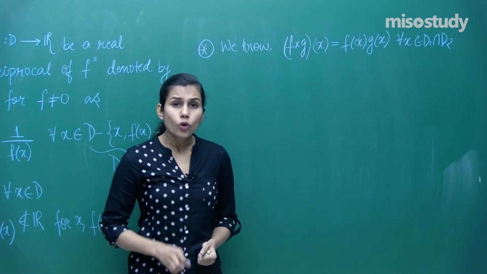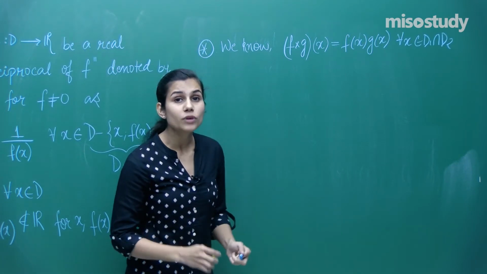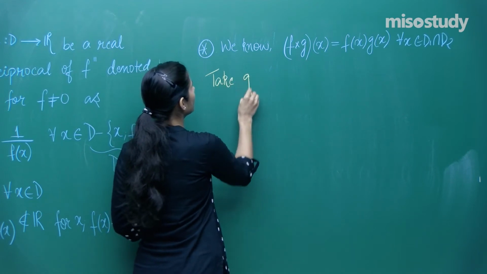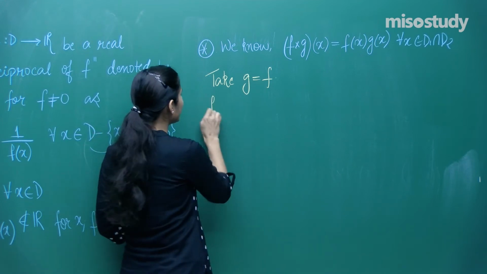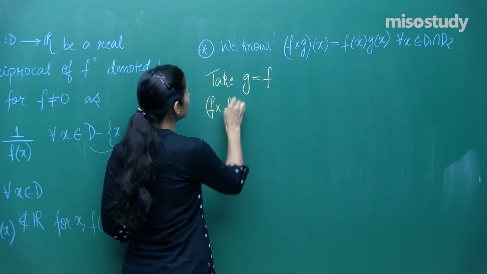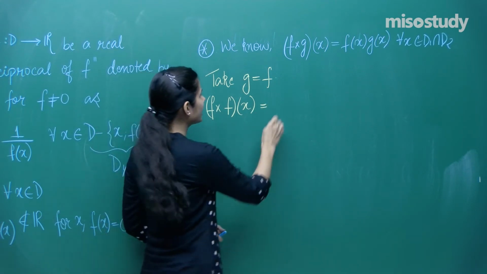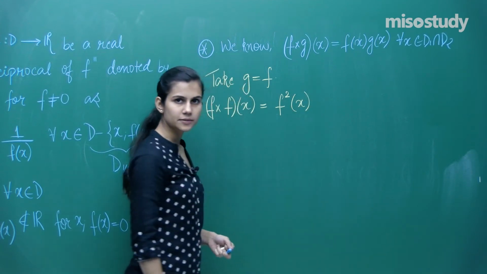Now because I know this already, what if I take my g to be equal to f? What I get is f into f of x, or I can say f square of x.